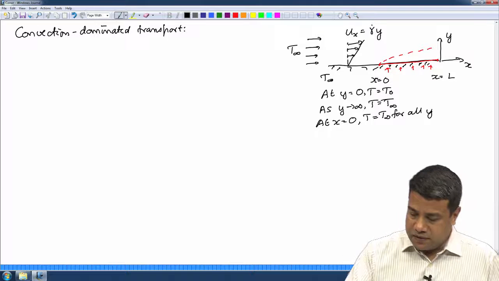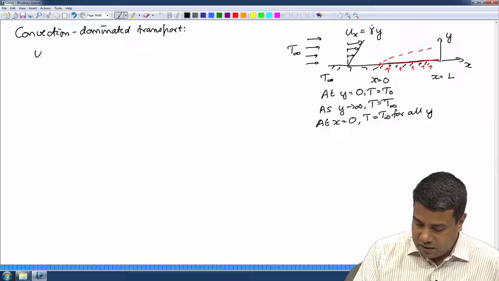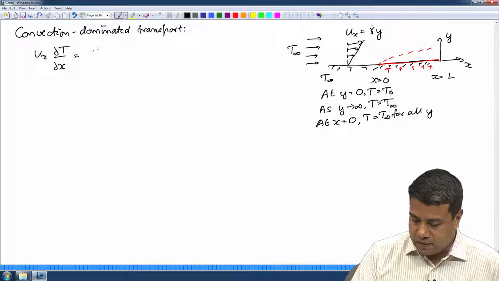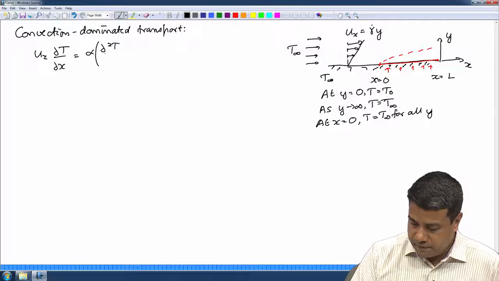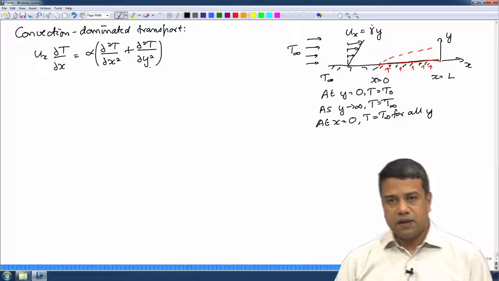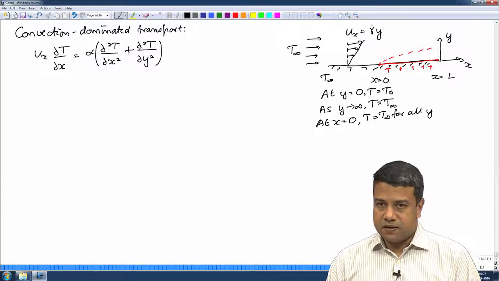The convection-diffusion equation is ux partial T by partial x is equal to alpha times the Laplacian of T, and that is because ux is the only non-zero component.